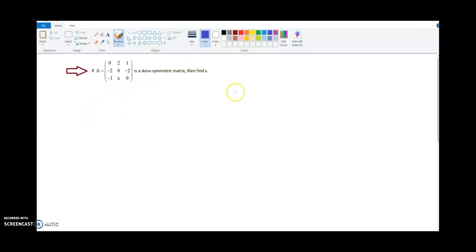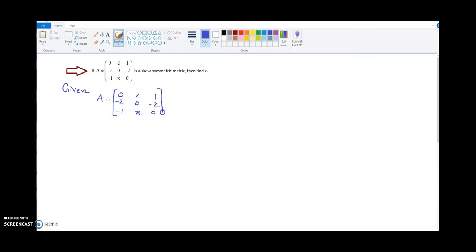So here we are given a matrix which is a skew-symmetric matrix. We are asked to find the value of x. So let us start with what is given to us. We are given a matrix A. So given A is equal to a 3 by 3 matrix 0, 2, 1, minus 2, 0, minus 2, minus 1, x, 0.